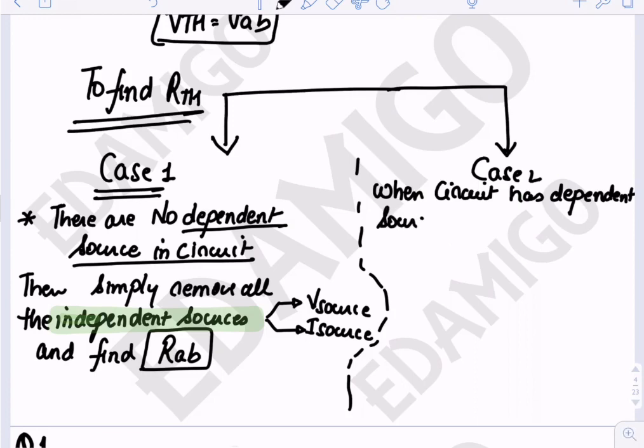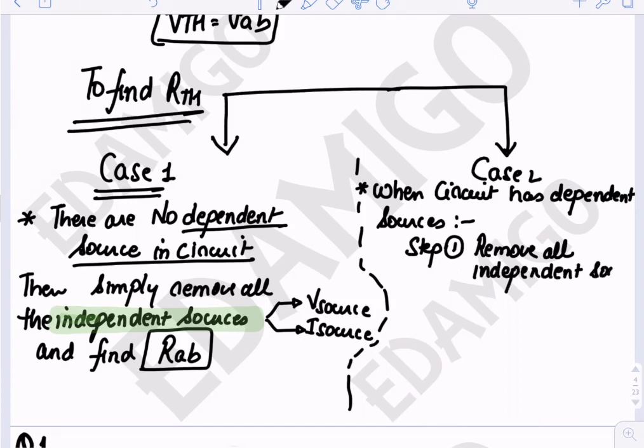In this case we will do this. Step 1, remove all the independent sources.